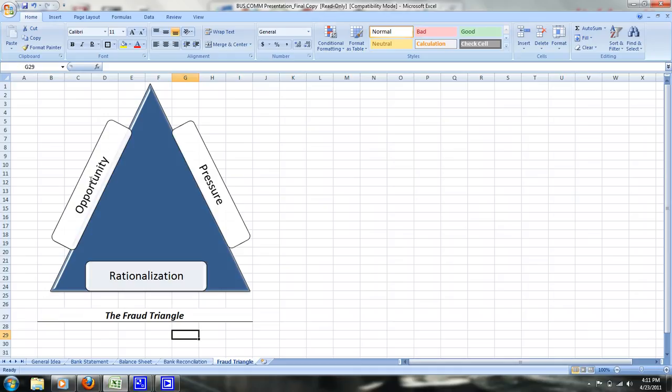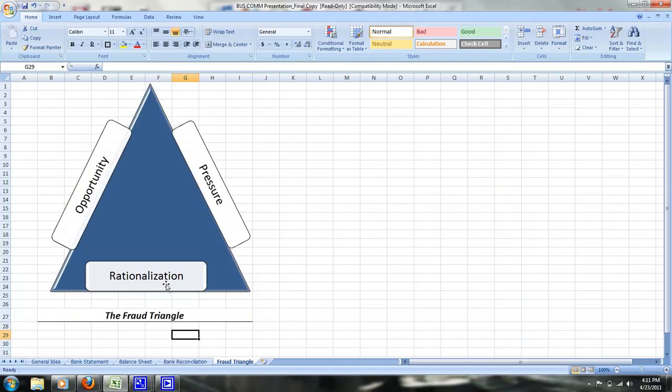There's usually an opportunity for someone to commit a fraud, a pressure, and a rationalization. If you segregate the duties on reconciling the bank statement, you're probably going to take away that opportunity leg of the fraud triangle, and it's going to make it much harder to commit the fraud.